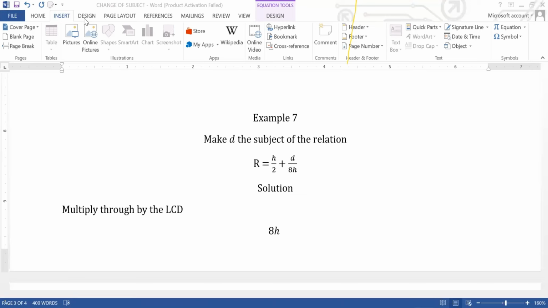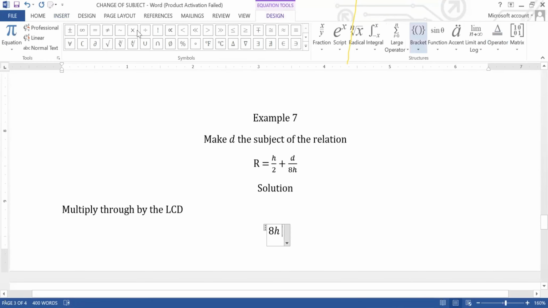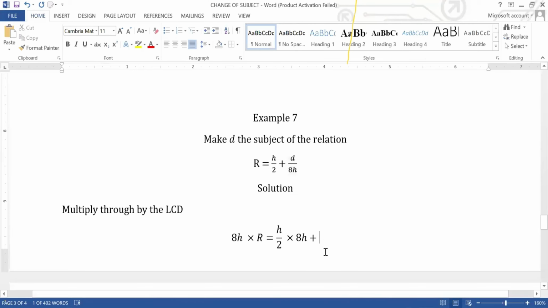We are taking our time to do this well. 8h times r will be equal to h over 2 times 8h, over d over 8h.